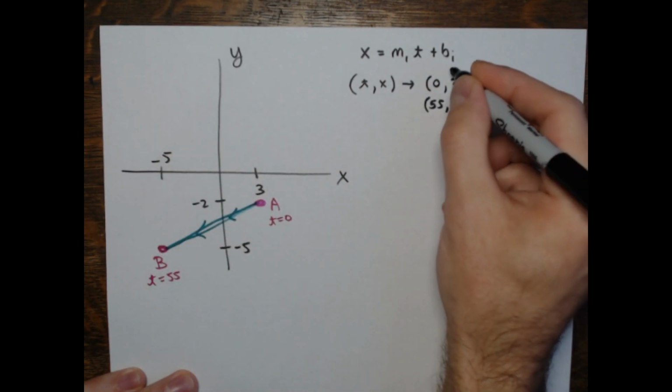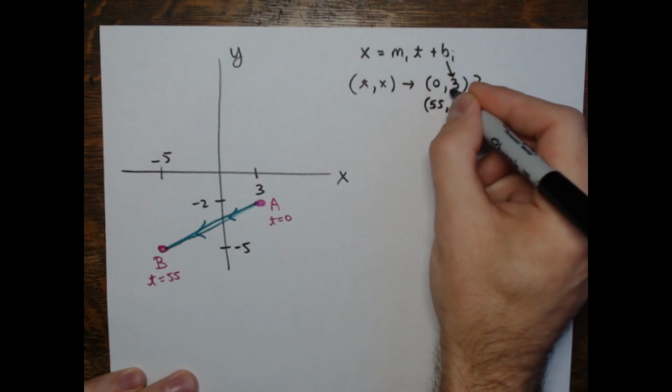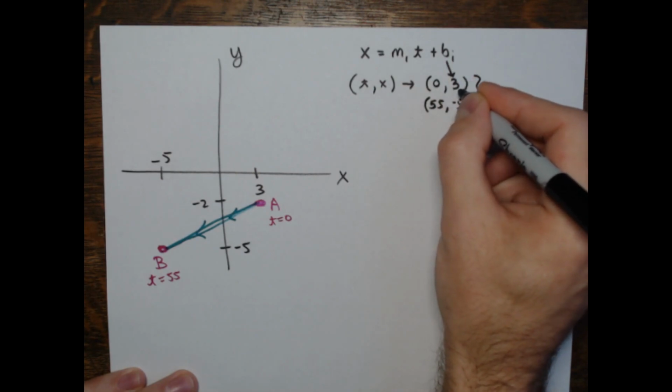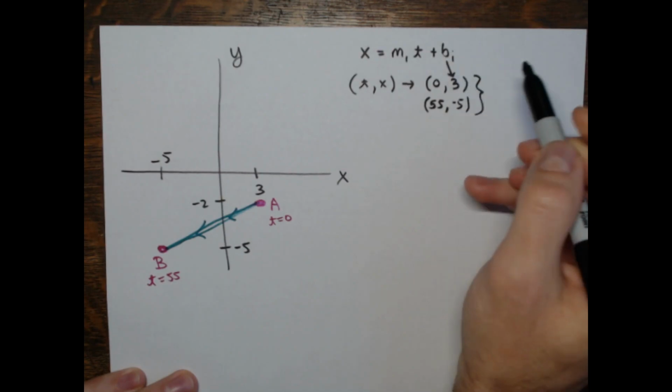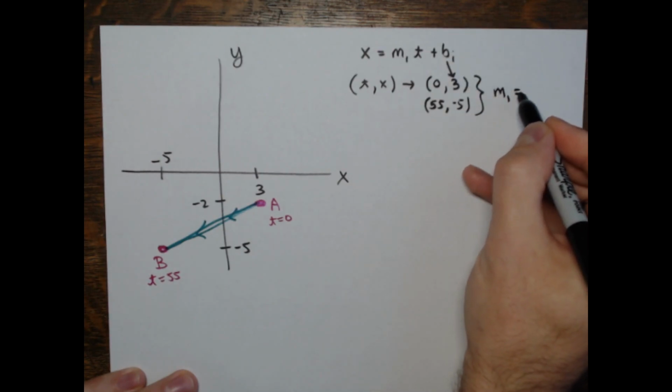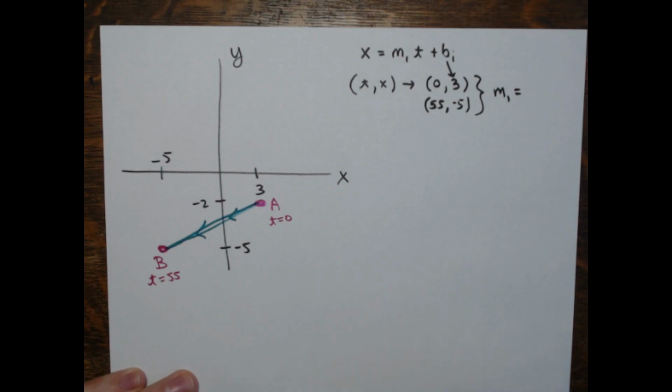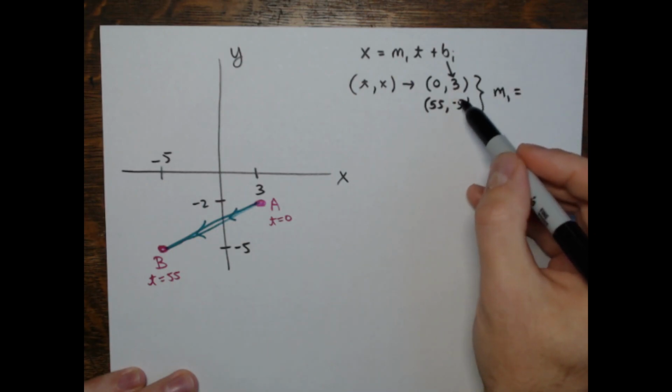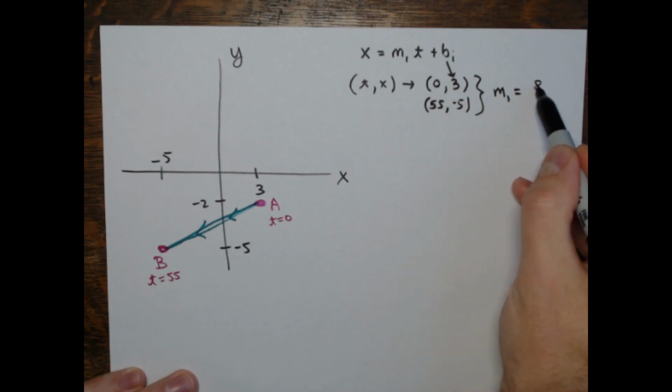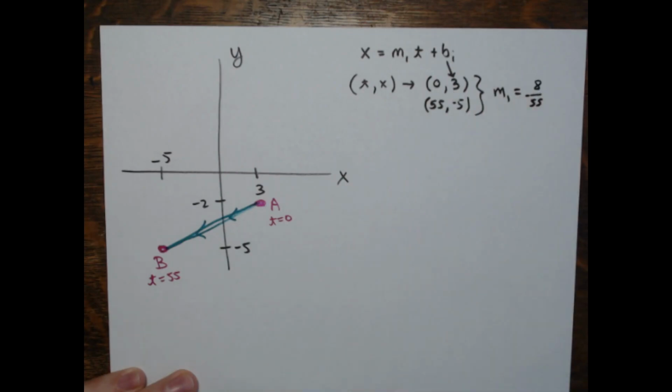All right. So 3 is going to be my b1, right? That's the intercept, when t is 0. And then m1, the slope of this thing, is 3 minus -5, which is +8, over 0 minus 55, -55, so -8/55.